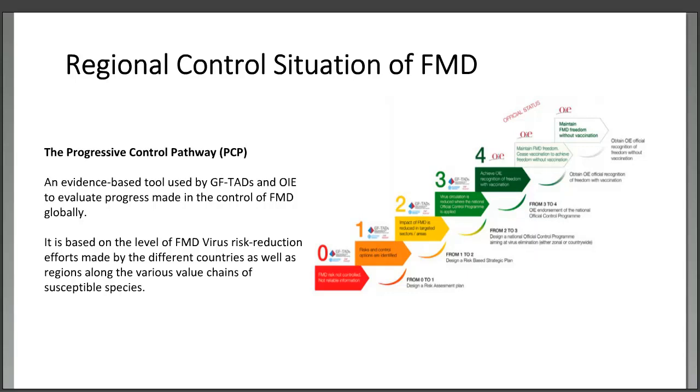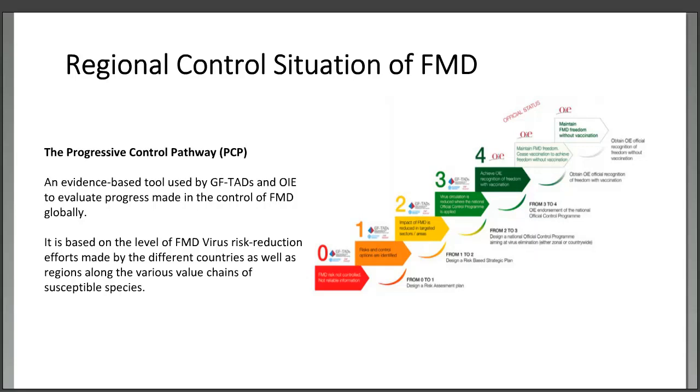The ones in light blue are countries recognized by OIE to be free with vaccination. And the one that is sky blue has an official control program; the OIE has endorsed the official control program.